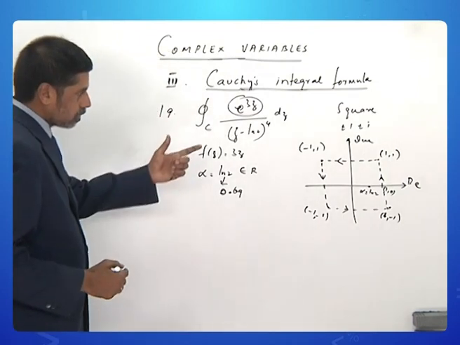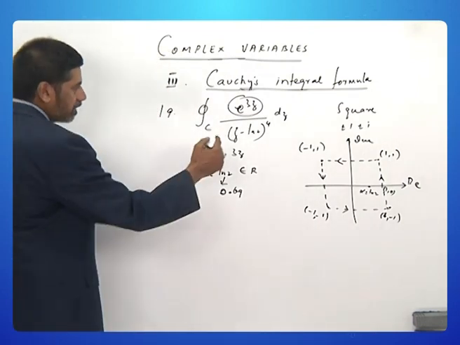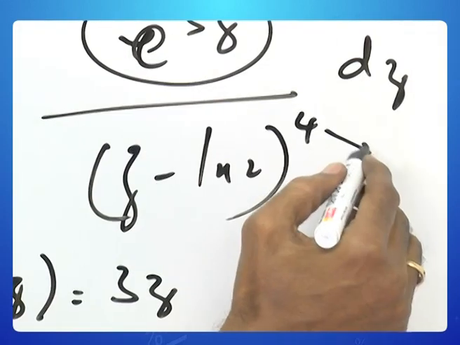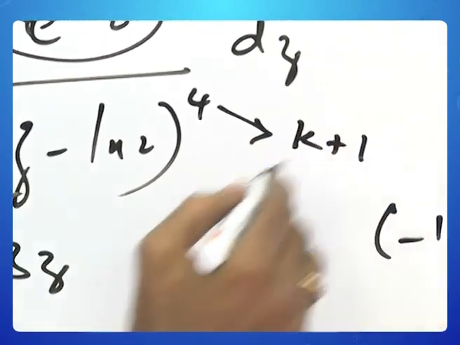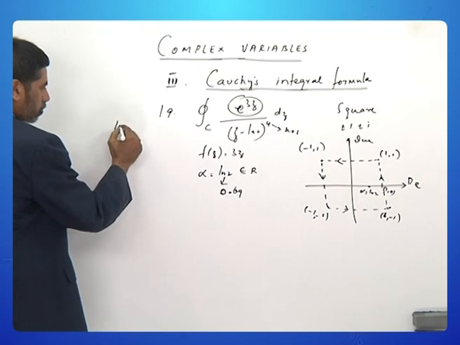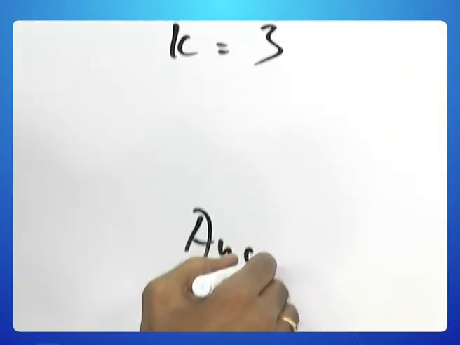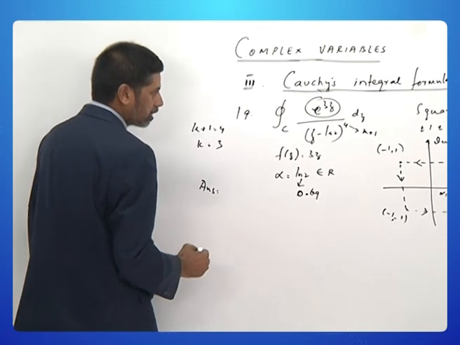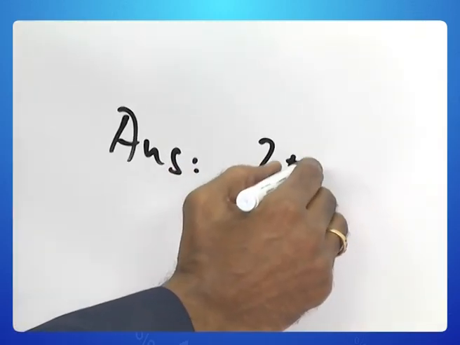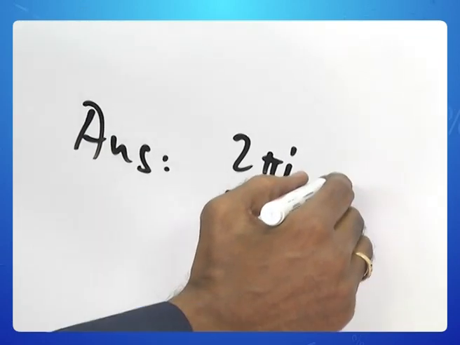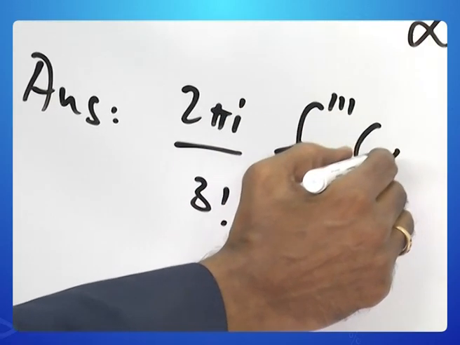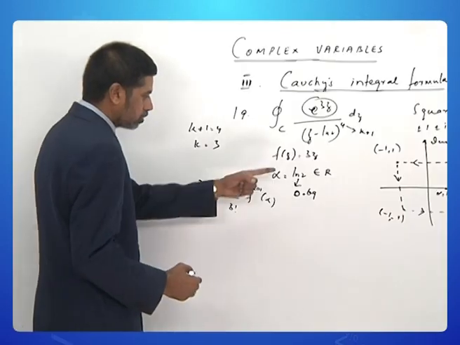So it's very much inside the contour, and you can find that this 4 can be visualized as k plus 1. So when k plus 1 is equal to 4, k is equal to 3, and the output by Cauchy's integral formula for derivatives is 2 pi I by 3 factorial f triple dash alpha, where alpha is log 2.